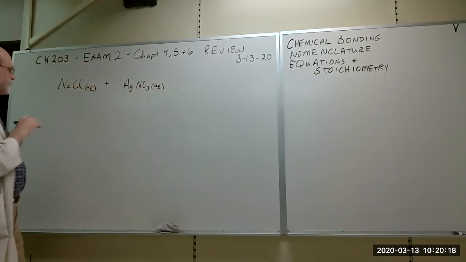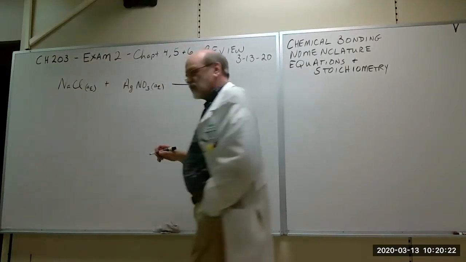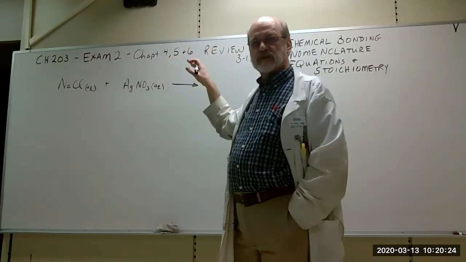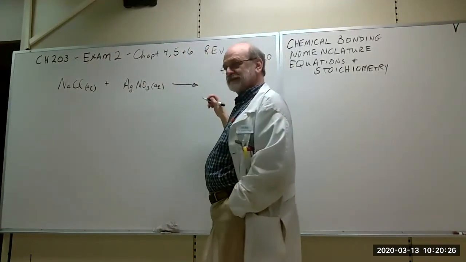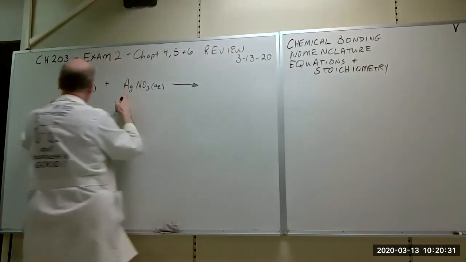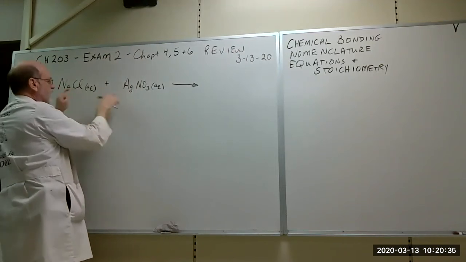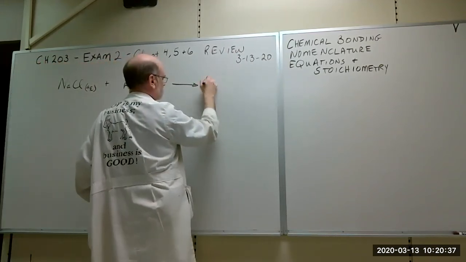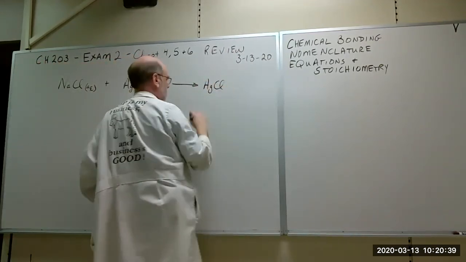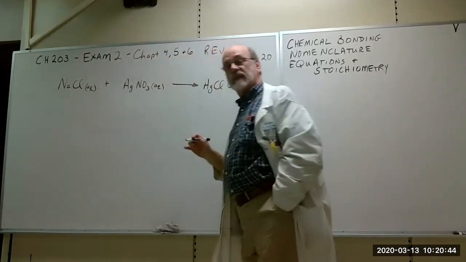What are we going to get? Well, since we haven't talked about precipitations, I'll tell you what you get. Double replacement. Silver and the sodium swap places, just like that. So silver combines with chlorine, and it precipitates, makes a solid.